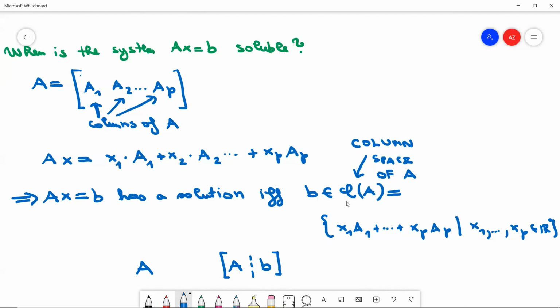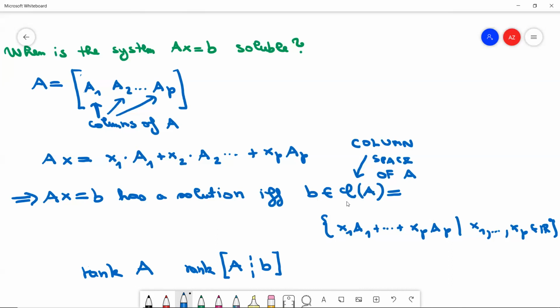And what has to be true for the ranks of those two matrices if we want the system AX = B to be soluble? The ranks have to be the same? Yes. We have the rank of A and the rank of the extended matrix.